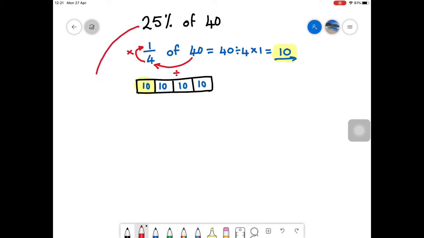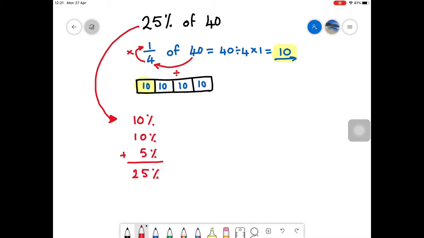This is my favorite method for lots of these types of sums. If you split your 25% into 10%, I need 2 10%s and a 5%, because 10 plus 10 plus 5 makes 25%.